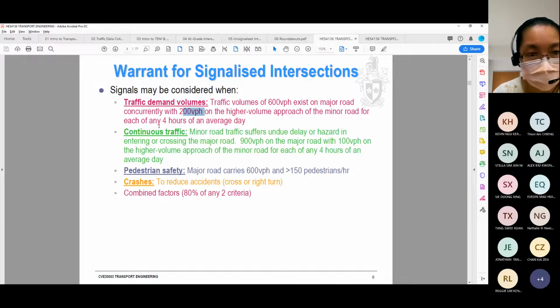Or you have very high volume on the major road, even though the minor road is very low, less than 100, we can consider putting in a signalized intersection as well. Or we have a lot of pedestrians, or a lot of crashes in the past, we can also consider a signalized intersection.